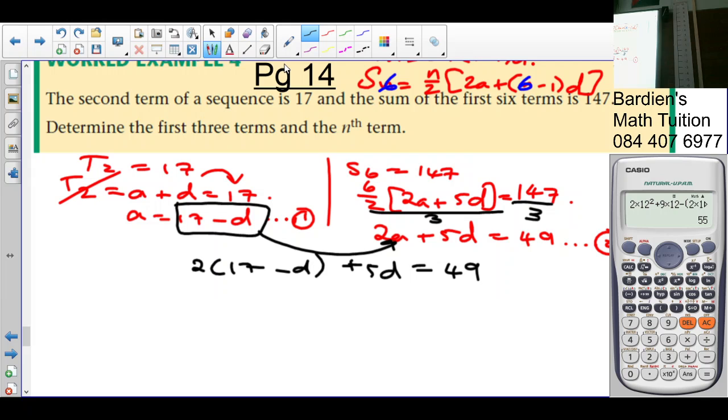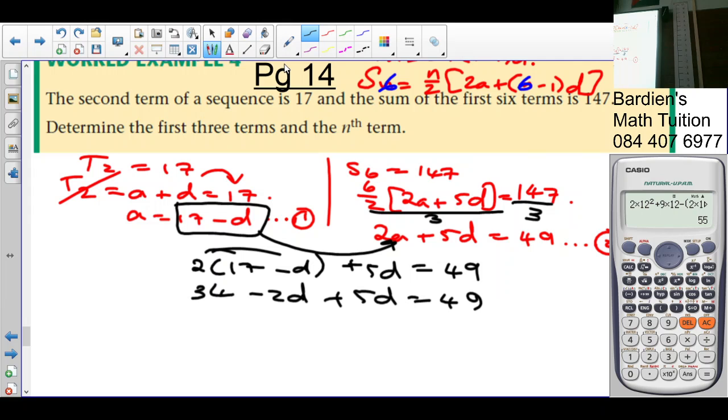So what do I do now? Solve for D. Get rid of the brackets: 17 times 2 is 34. So 34 minus 2D plus 5D equals 49. Now what? D's one side, numbers other side.